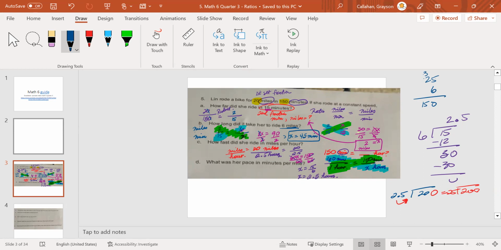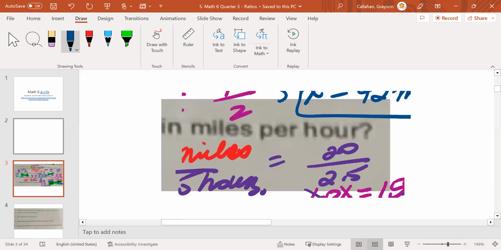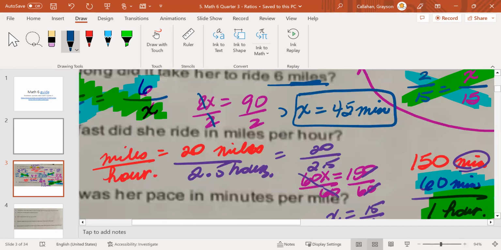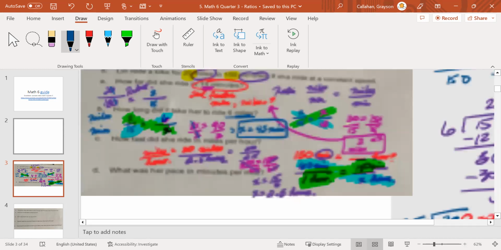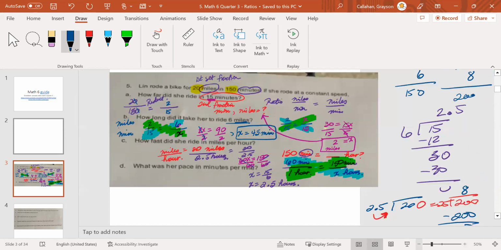So let's try maybe 25 times 8. Well, guess what? That will give you 200. So 25 times 8 is 200. Subtract. Your answer is going to be 8, okay? Okay, so 8.